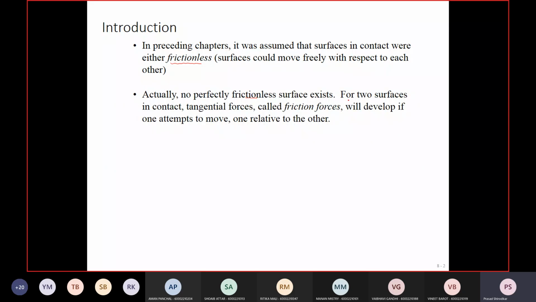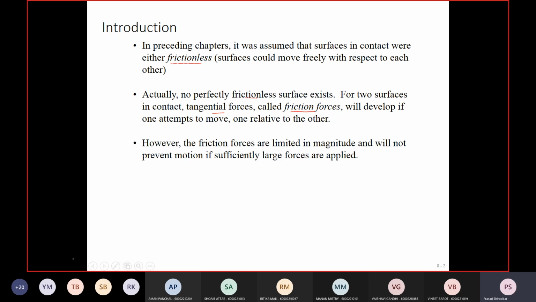When two surfaces are in contact, tangential forces called friction forces will develop if there is a relative motion with respect to each other. However, the friction forces are limited in magnitude and will not prevent motion if there are sufficiently large forces.